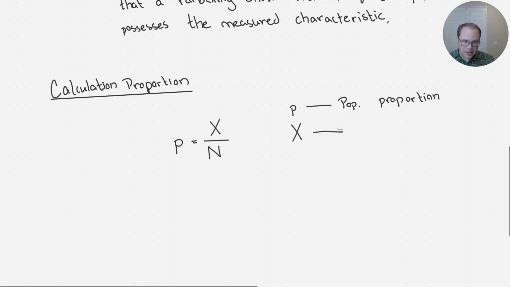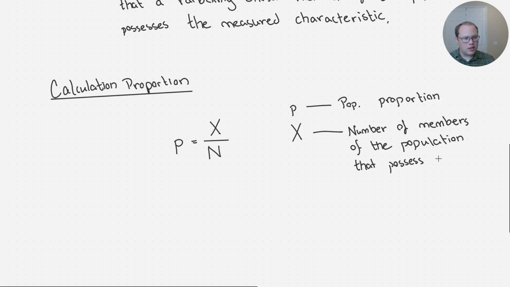Capital X is the number of members of the population that possess the characteristic we're looking for. And N is just your population size. It's all the members of your population. How many are there?